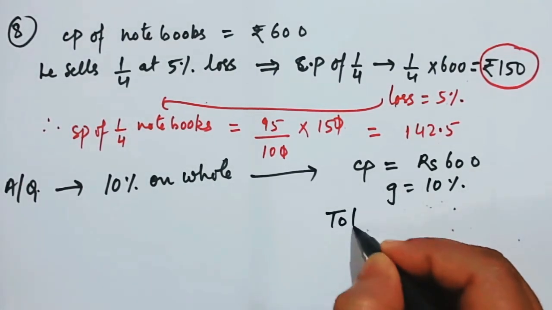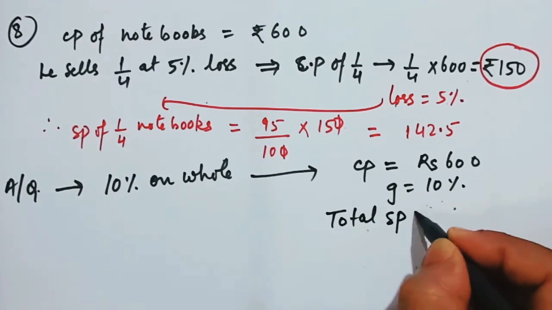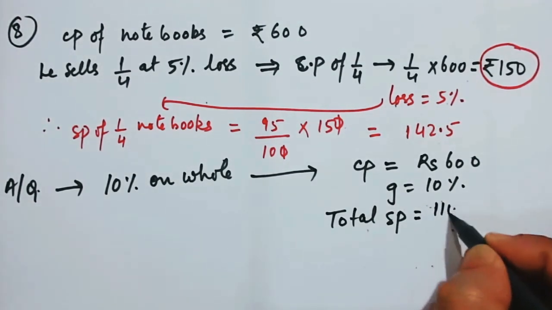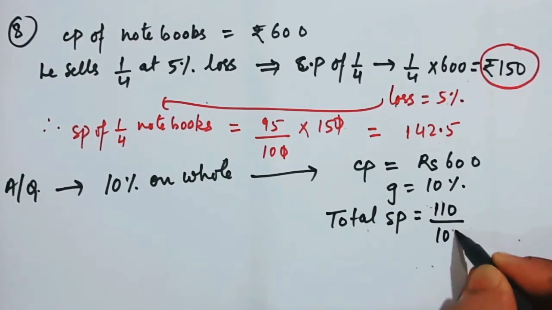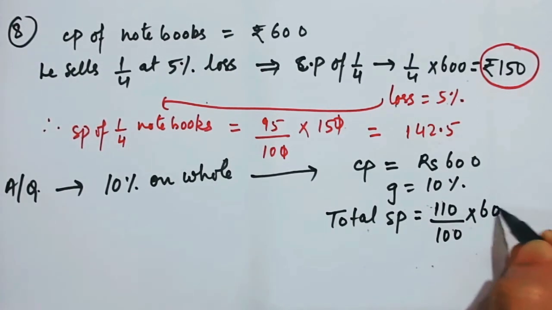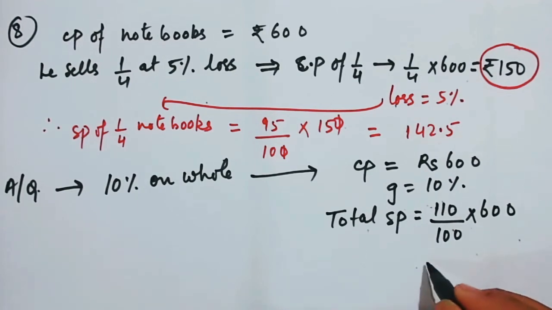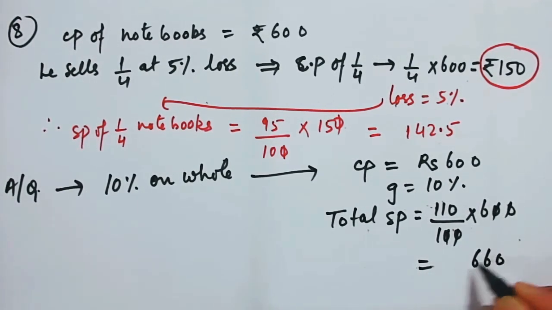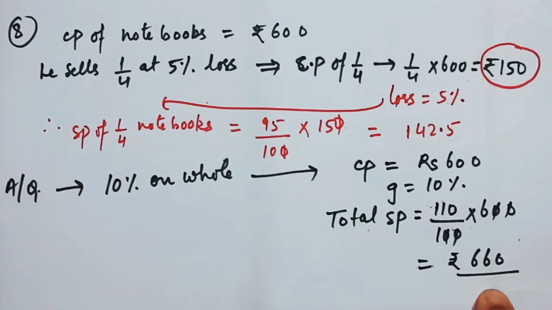Therefore total selling price will be how much? It should be equal to 100 plus gain percent by 100 into cost price. 600 will give you 660 rupees. 660 should be your total selling price.